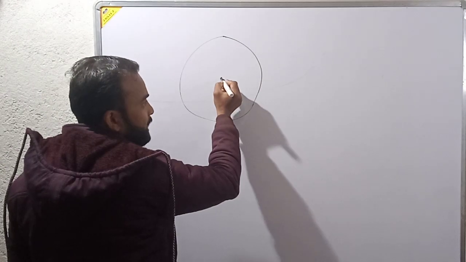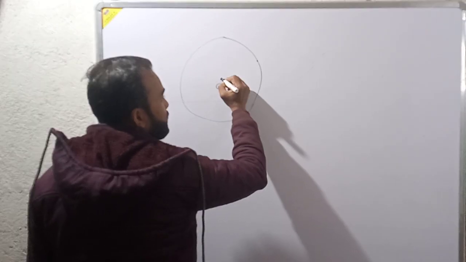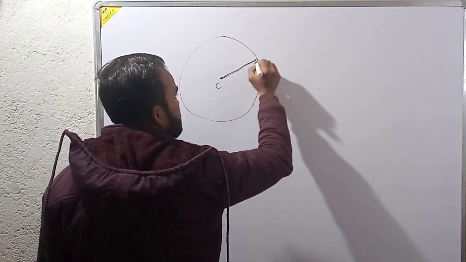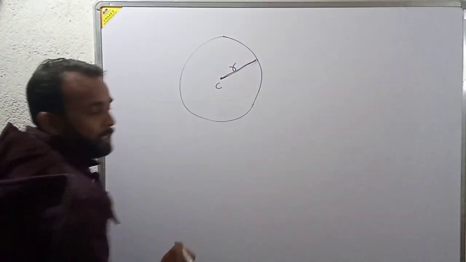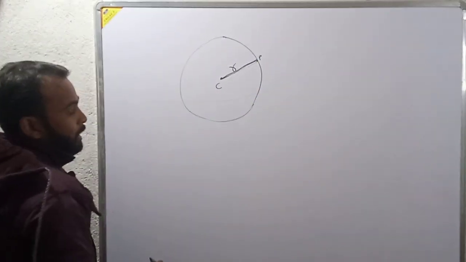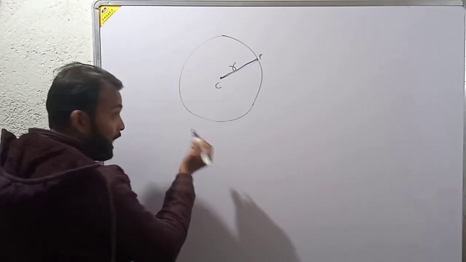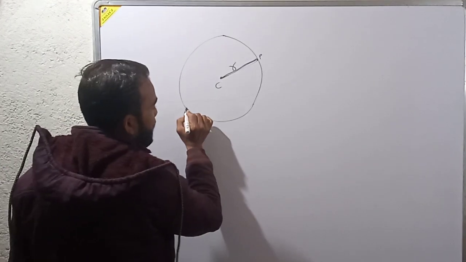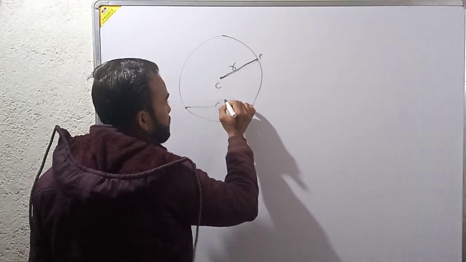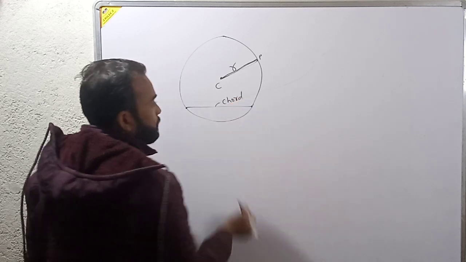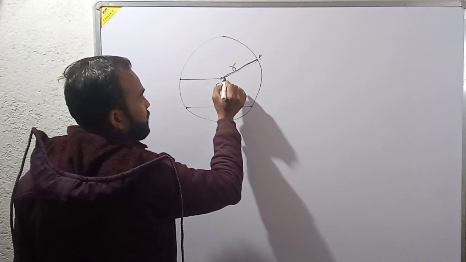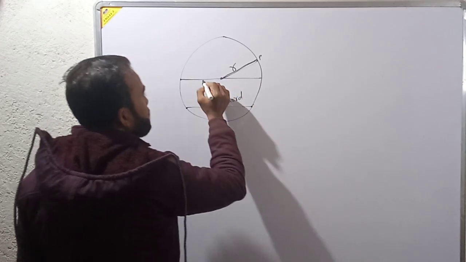The distance between the center and any point on the circumference is called the radius, and it's denoted by R. Let me suppose this point is P. And the line segment which joins any 2 points of the circumference is called a chord. This is the chord.